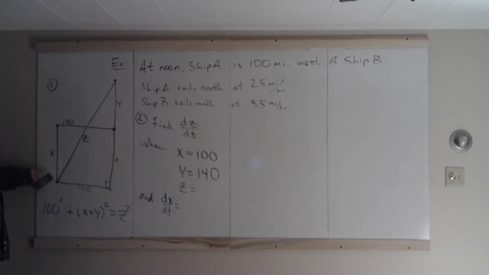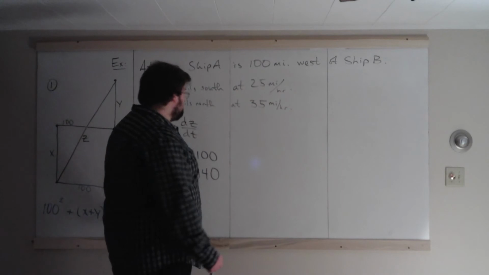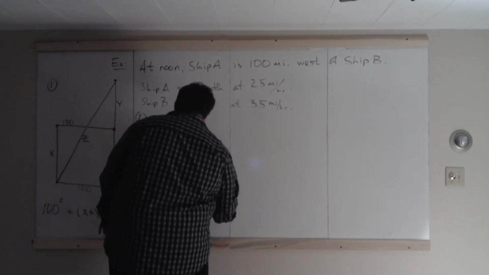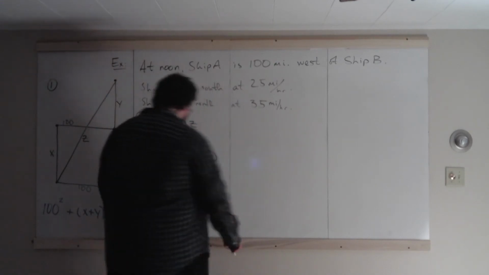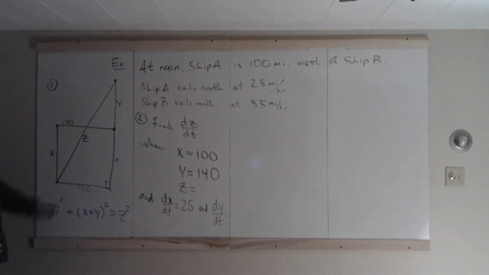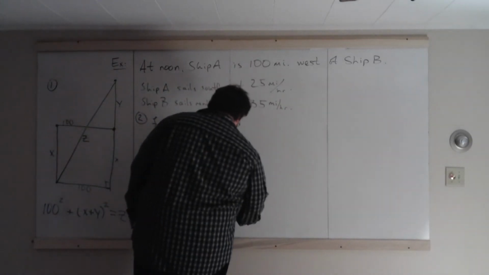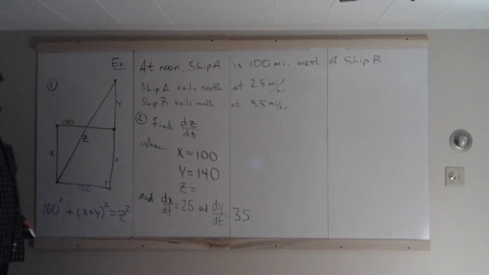Dx dt, well, this distance and how that is changing, that's where ship A is sailing. So dx dt is 25. Similarly, dy dt, y is this distance that's changing at 35 miles per hour. So find dz dt when all of those numbers are satisfied.